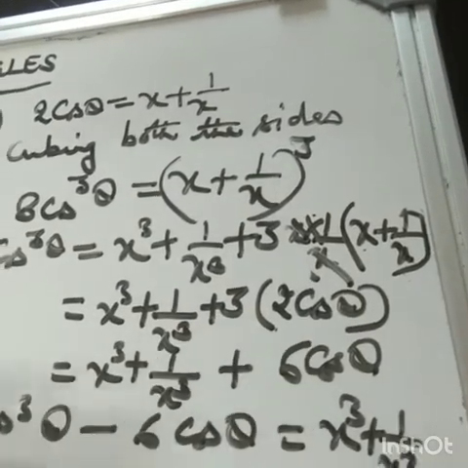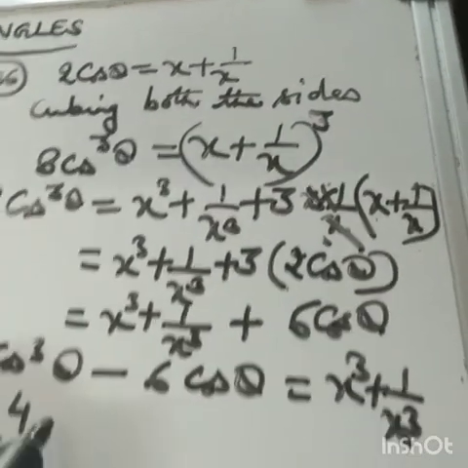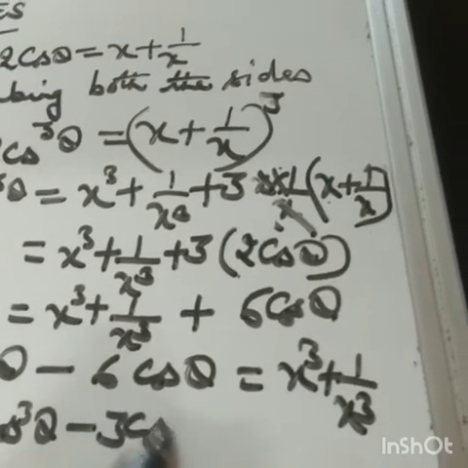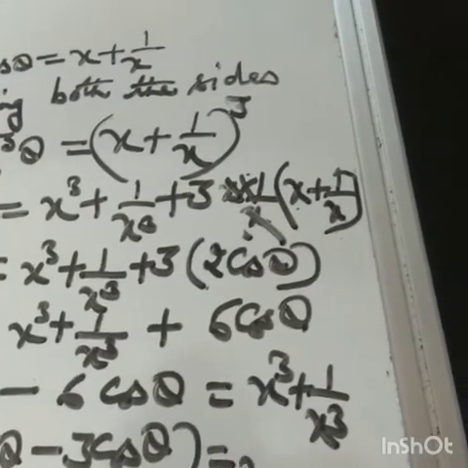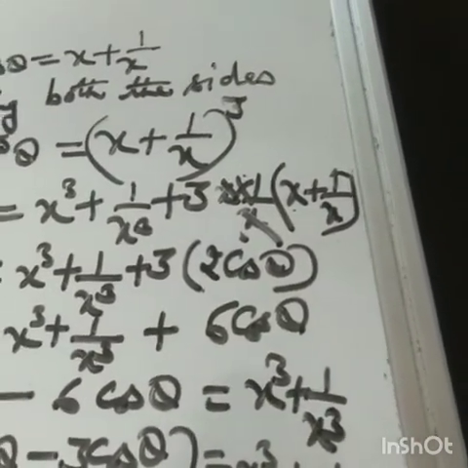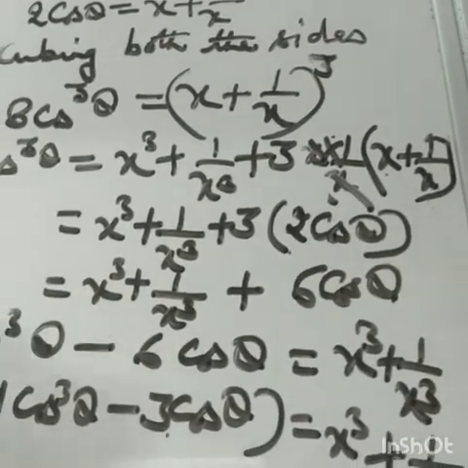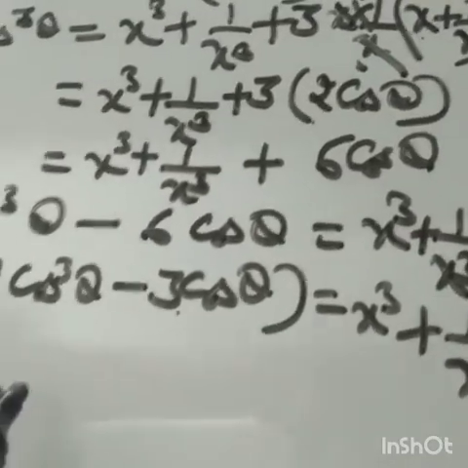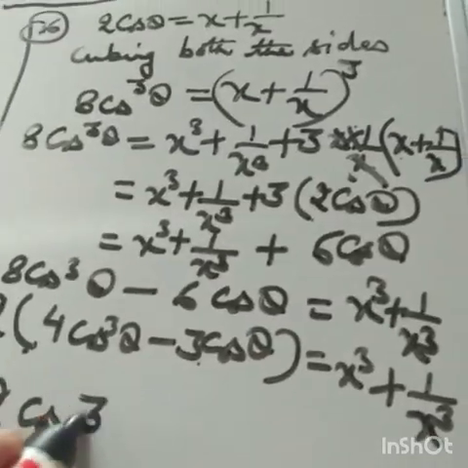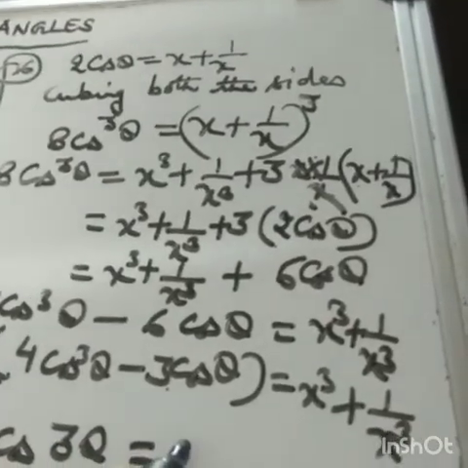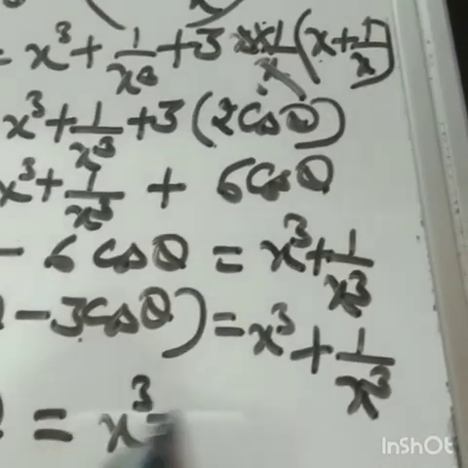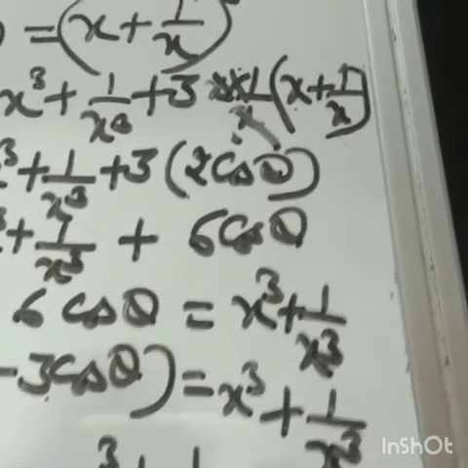And this you take common, 2 into 4 cos cube theta minus 3 cos theta equals x cube plus 1 by x cube. And this is simply cos 3 theta, so 2 cos 3 theta equals x cube plus 1 by x cube, hence proved.